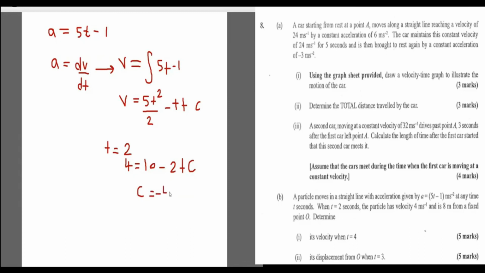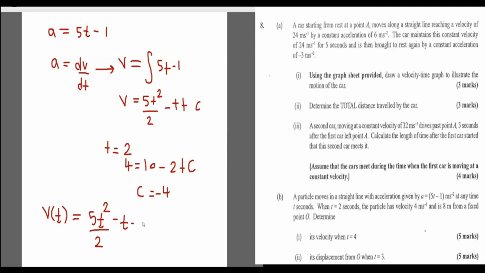So the velocity in terms of time, v of t, is equal to 5t squared over 2 minus t minus 4.